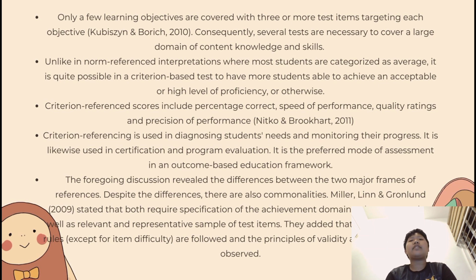Interpretation techniques distinguish these two testing kinds. Criterion reference tests assess an examination taker's performance in relation to a particular series of standards and criteria, whereas norm reference examinations compare test takers to other people. That's all.